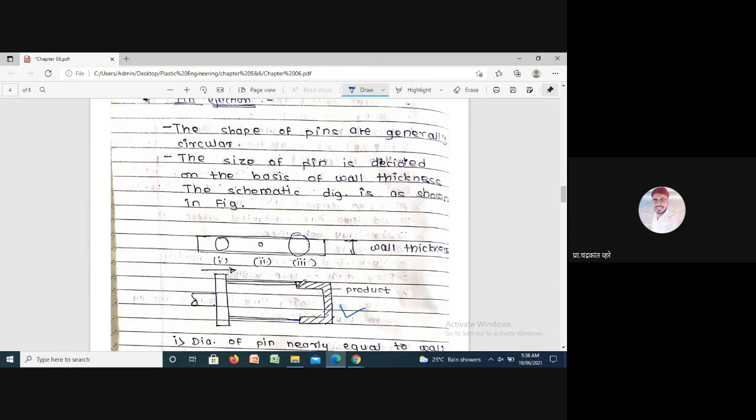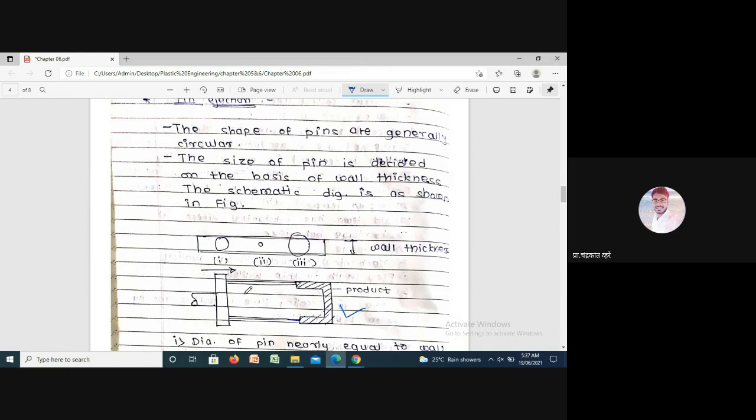This mechanism from this side is all about the ejection system. I hope you understood. Now I will explain what is happening.